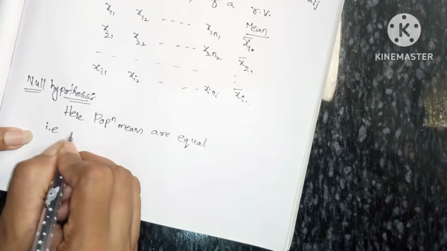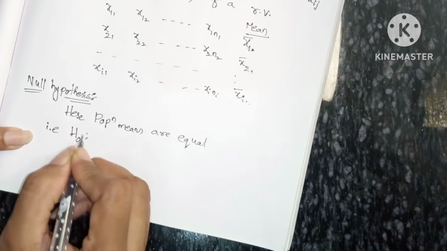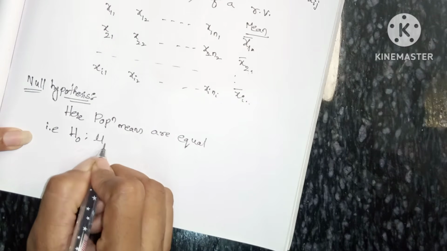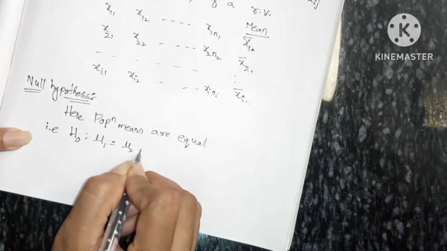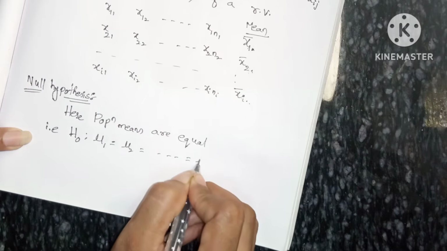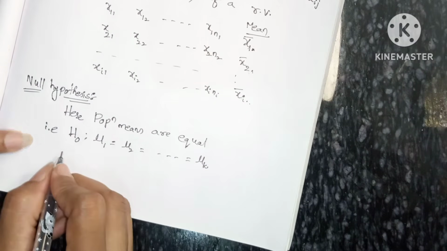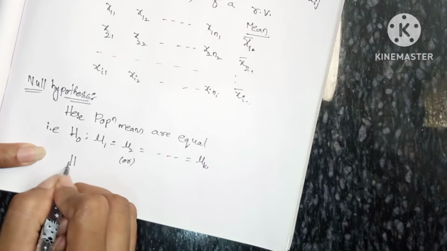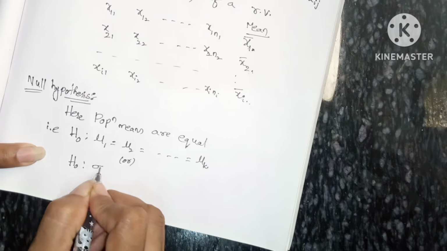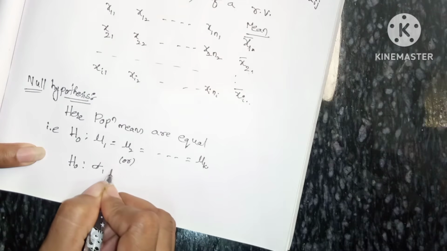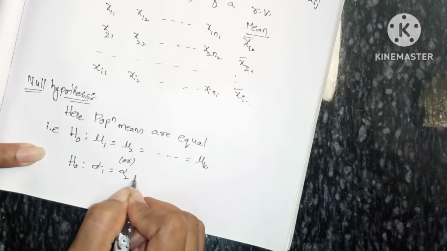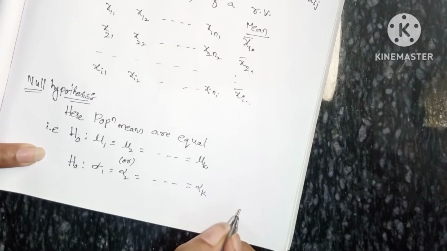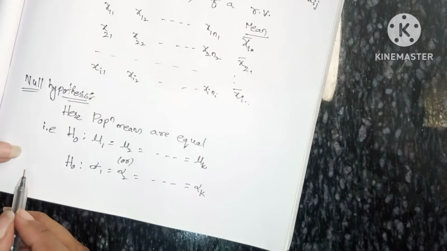That is, the null hypothesis is indicated with H naught such that mu1 equals mu2 equals and so on equals mu k. Or else H naught such that alpha 1 equals alpha 2 equals and so on equals alpha k. So this is the null hypothesis.